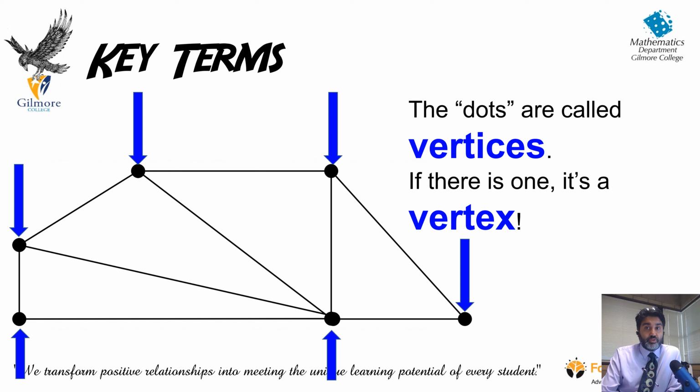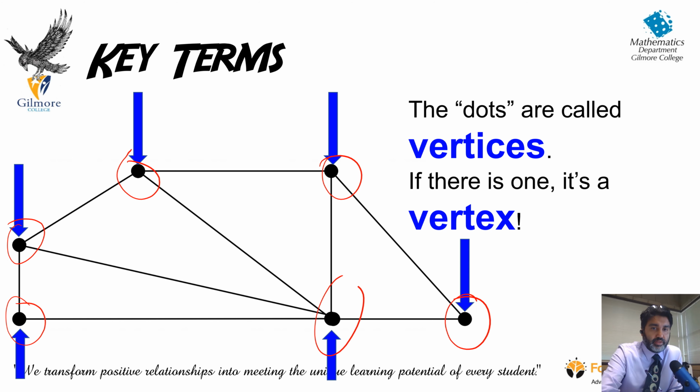So key terms. Again, the dots are called vertices, and if there's just one, it's called a vertex. You can see here we've got 1, 2, 3, 4, 5, and 6 vertices there.